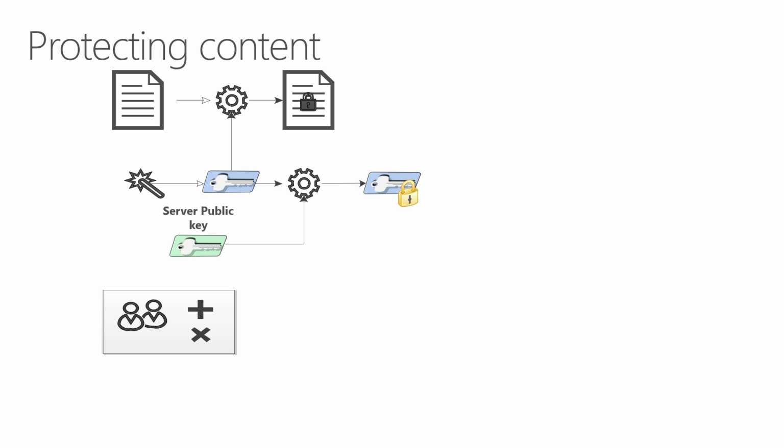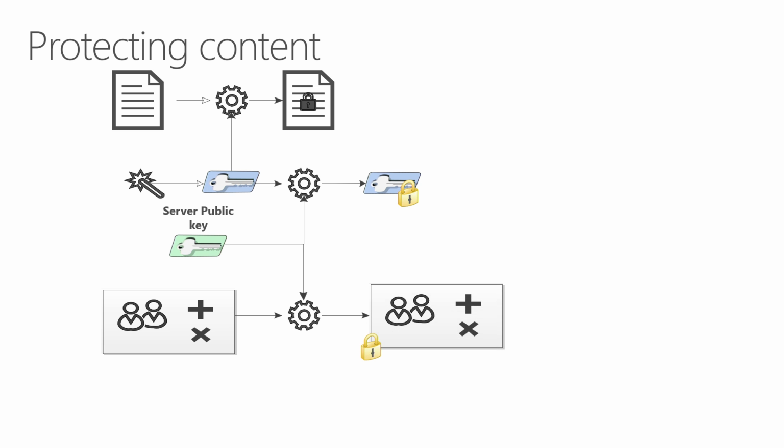And then the user will define who has access to the document, for how long, and for what kind of access. Again, this has to be encrypted by using the same server certificate public key. And again, it needs to be signed by the user because we need to make sure of the integrity of this license.